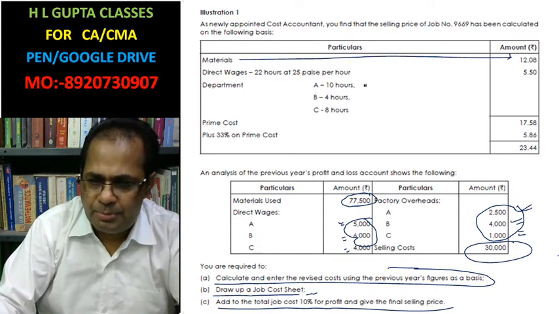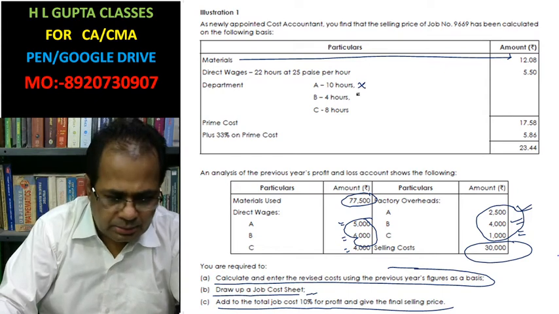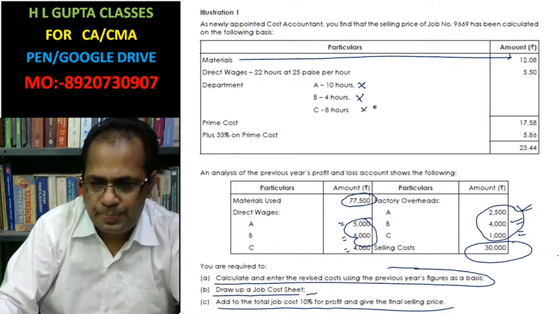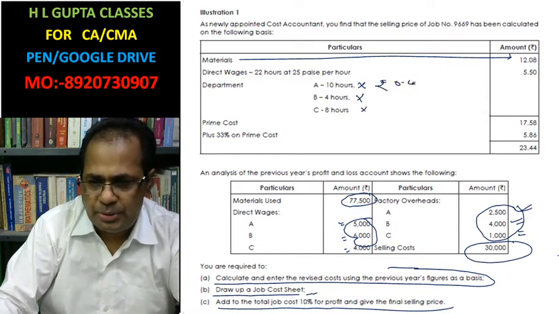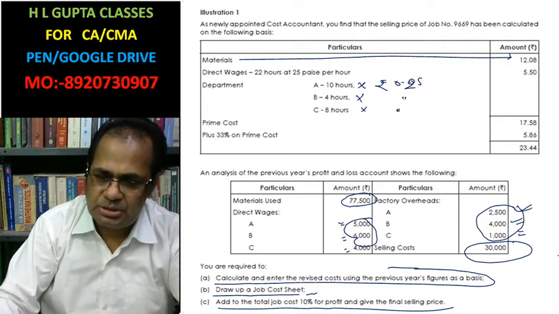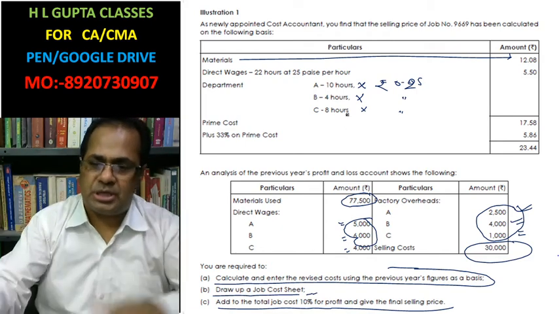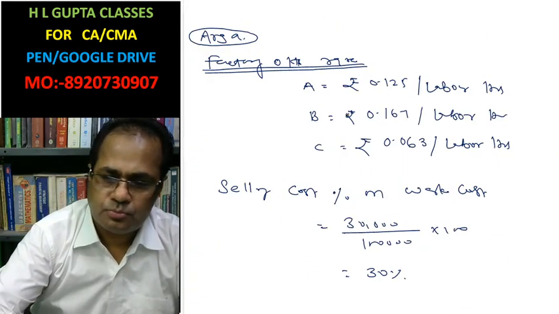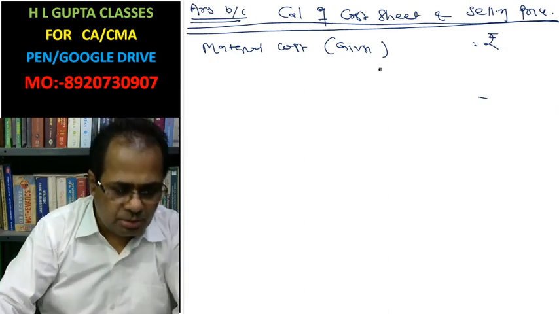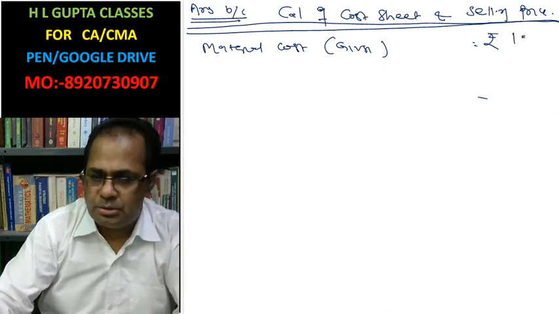Labor cost is calculated on the basis of 0.25. Factory overhead is calculated as per the information given, rupees 12.08.